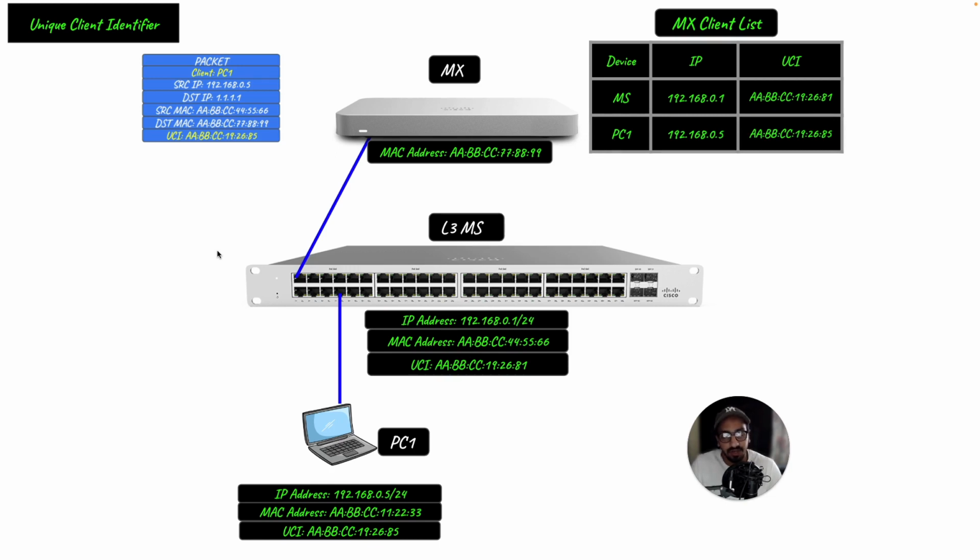You'll have PC1 with 192.168.0.5 as the IP address, but it's really going to be tracking based on the UCI. The UCI is what it uses to get statistics on what type of traffic PC1 is using, not the IP. So this is a very handy option, and a better tracking method if you have a layer 3 switch and an MX together in a combined network.